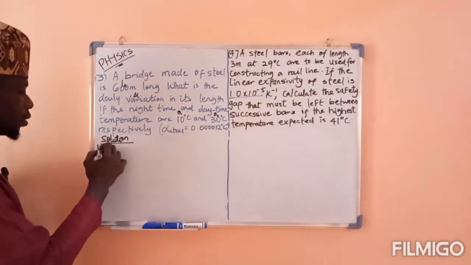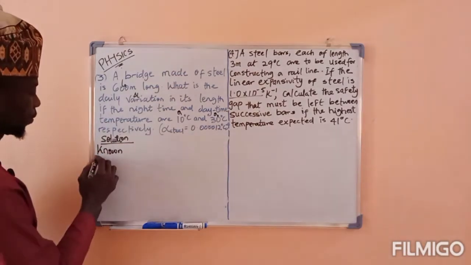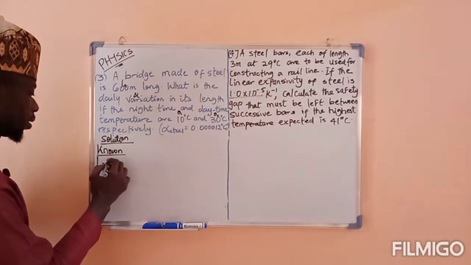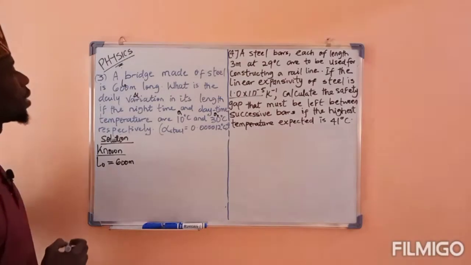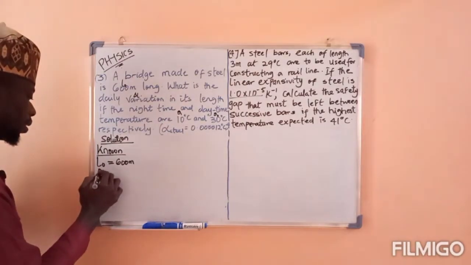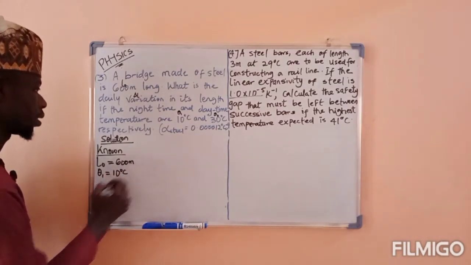Those data given to me, I normally call it known. So I know my L0 to be equal to 600 meter, and I know my theta 1. Theta 1 is 10 degrees Celsius.